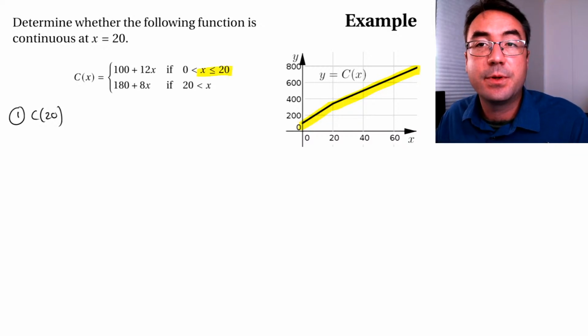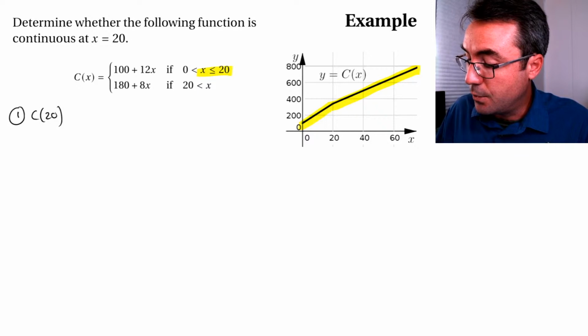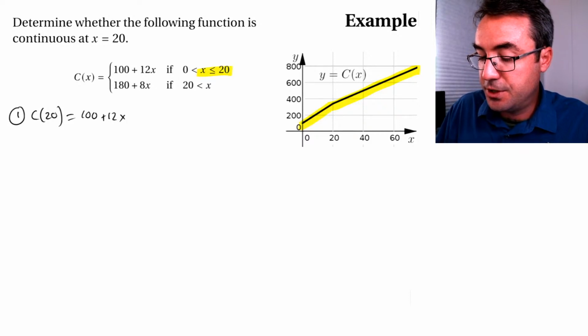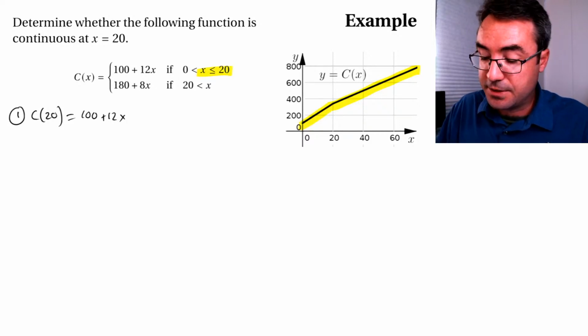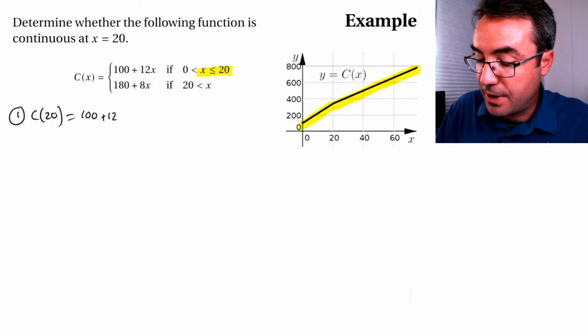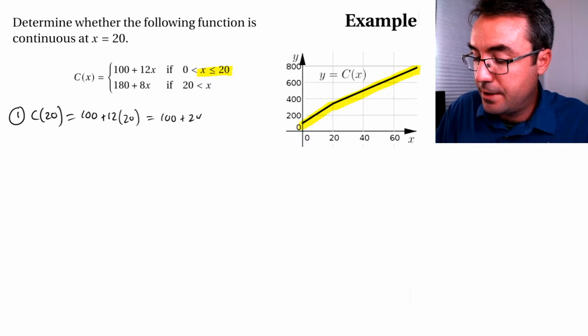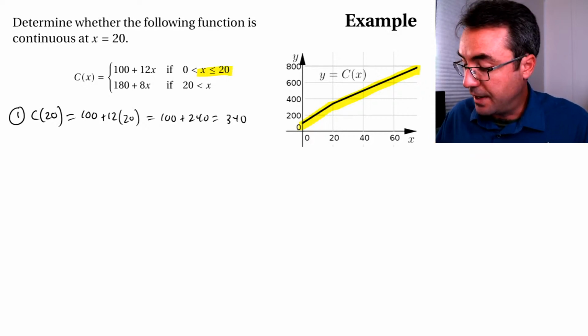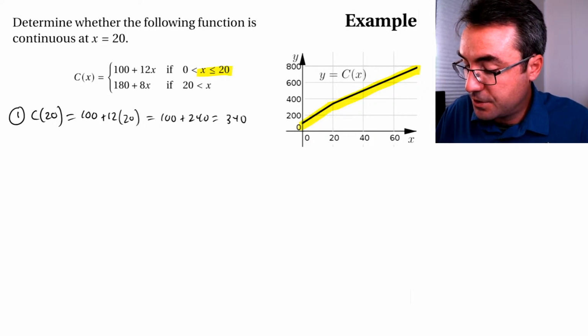We plug in to that corresponding piece of our function, which is 100 plus 12x. So we'll plug 20 in for x. And when we do that, we get 100 plus 240, which is 340. All right, so our function is defined. So that's good.